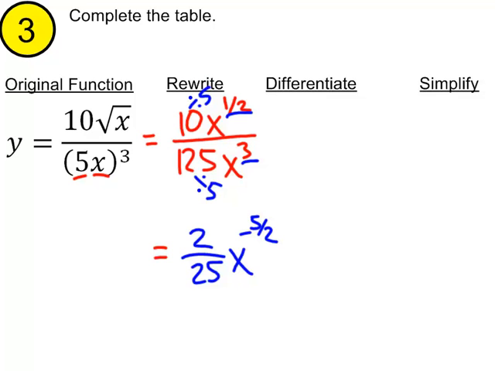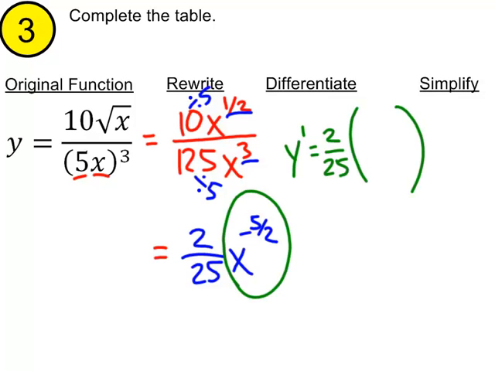So now I'm going to differentiate. Now I'm going to apply my power rule and make it absolutely clear that now I'm doing y prime. And I'm going to say that that equals 2/25, constant multiple, times the derivative of this expression of x. So times negative 5/2 x to the negative 7/2. I just applied the power rule there.